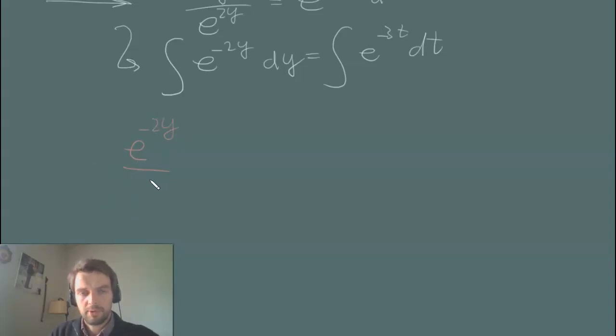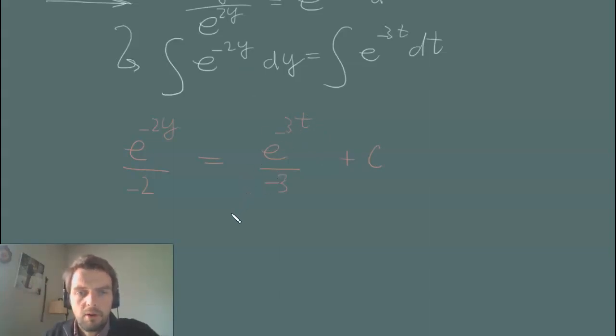And recall, when you're integrating, because you're sort of using the chain rule backwards, you're going to end up dividing by negative 2. A way you could check that is if I took a derivative of this, I would have, by the chain rule, a negative 2 that comes down in front to cancel it out. All right, awesome. So this is equal to e to the negative 3t over negative 3. This is fine so far, as long as we just remember to add some sort of a constant there.